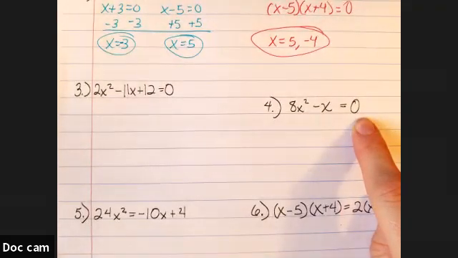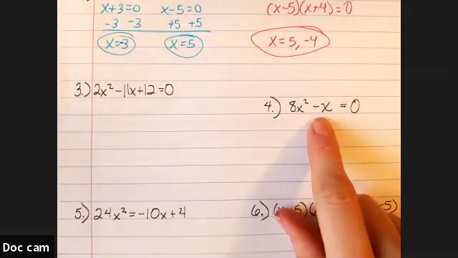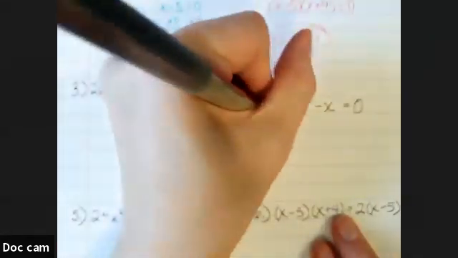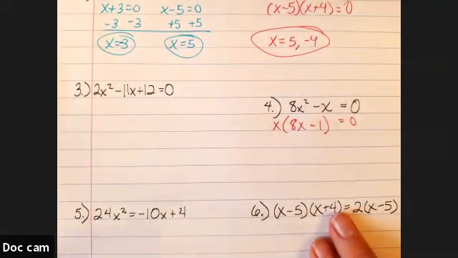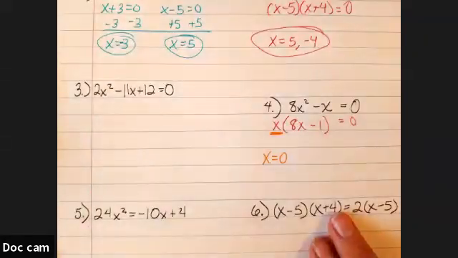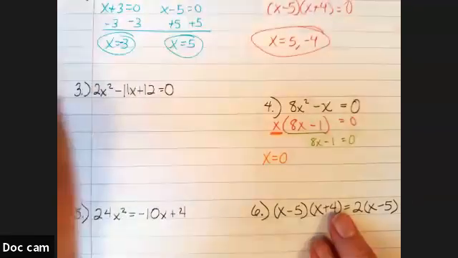Number 4, in that case, you would factor out a greatest common factor of x. That would be x times 8x minus 1 equals 0. And then your two factors that you set equal to 0, one of them is x equals 0, and the other one is 8x minus 1 equals 0.